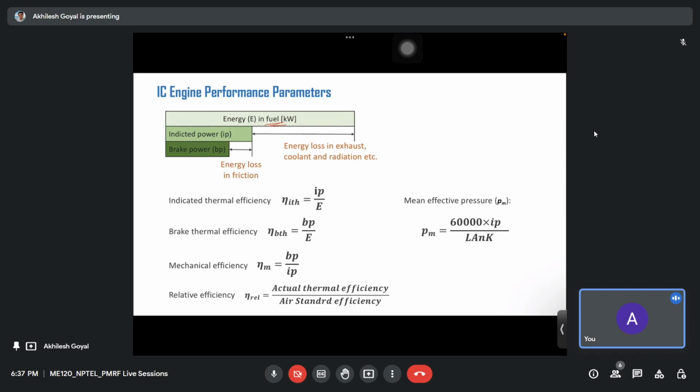But the whole energy of the fuel is not given to the piston of the engine. A major part of this energy is lost in the exhaust, coolant or radiation, and only a small part of the fuel energy is given to the piston. This energy given to the piston is called indicated power.